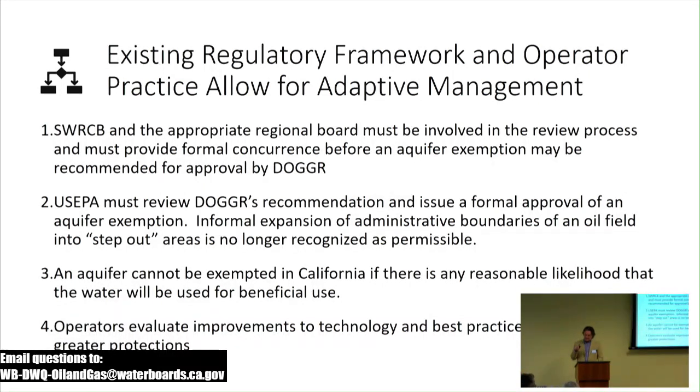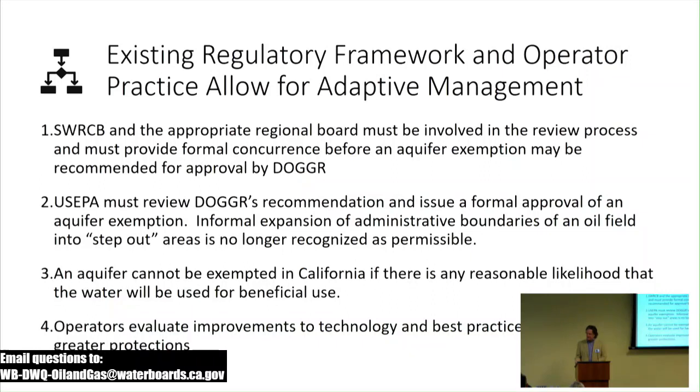The US EPA has to review DOGGR's recommendations, and they issue a formal approval. Exemptions can't be granted to aquifers with a reasonable likelihood of a beneficial use. So from a regulatory perspective, there's a lot of continuing oversight of these exemptions, which I think argues for not changing the definition now. If something happens, you've already got the trigger to come in.